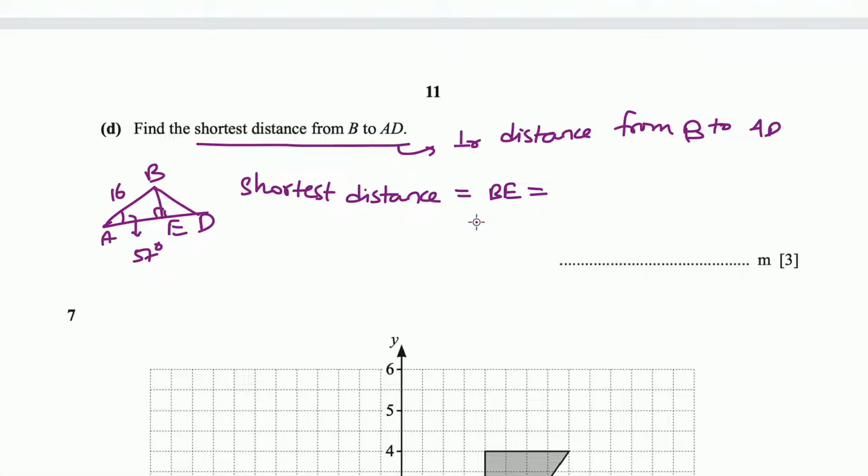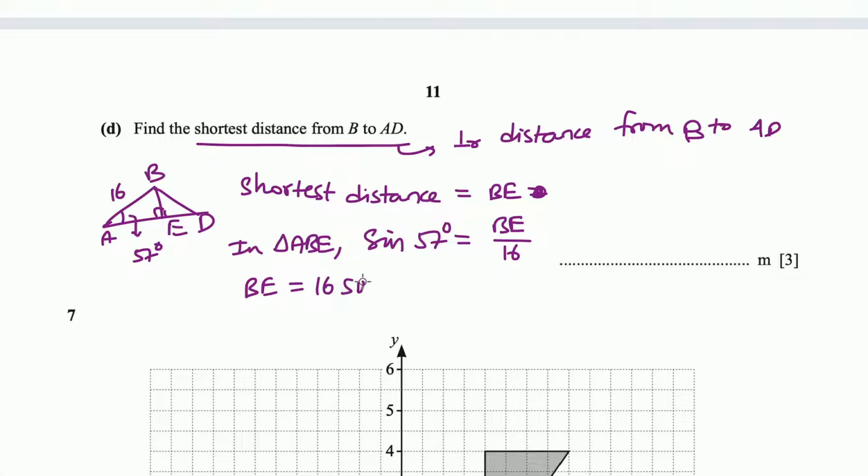So for the shortest distance BE, we can say in triangle ABE, sine 57 degrees would be equal to BE divided by 16. So BE would be equal to 16 sine 57 degrees, and if I calculate this value, it will turn out to be 13.4187290 and so on.